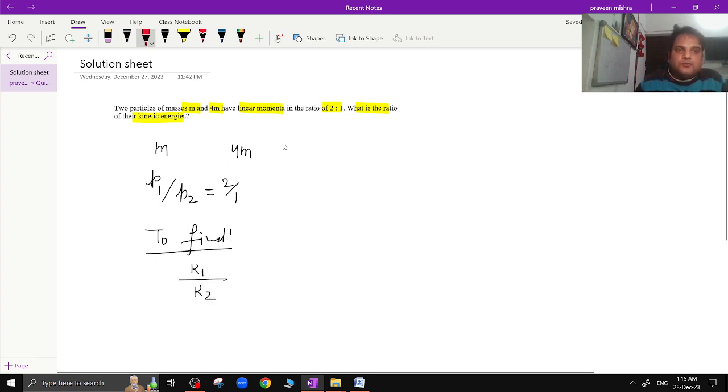To solve this problem, we must know the relationship between the kinetic energy and the linear momentum. The relation is P equals root of 2mK. This relationship must be known to solve this numerical.